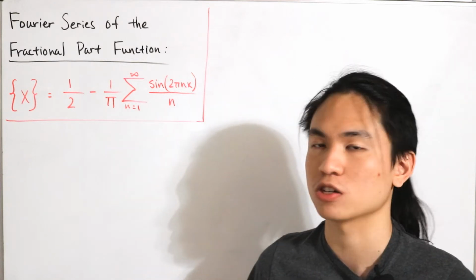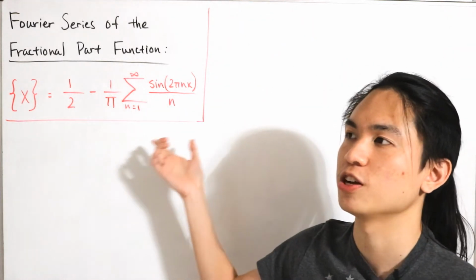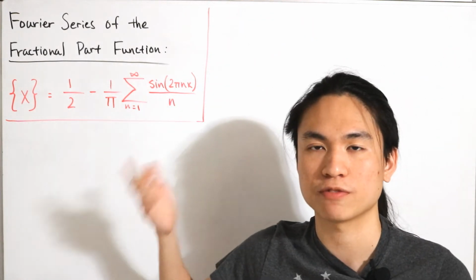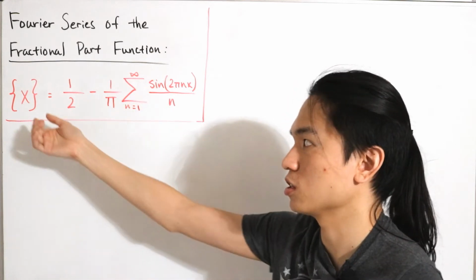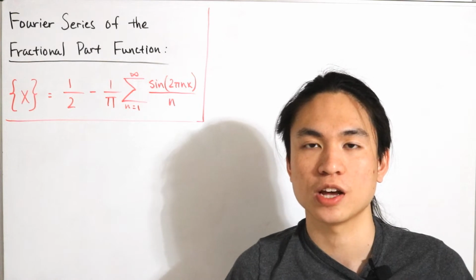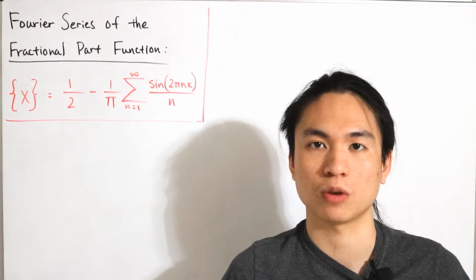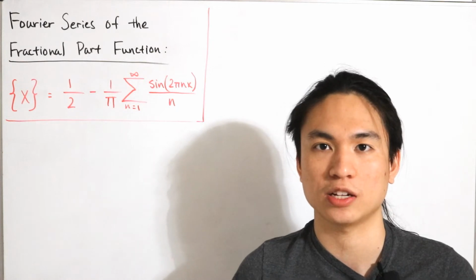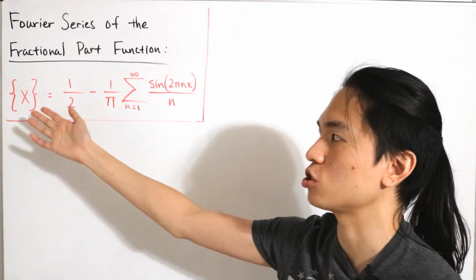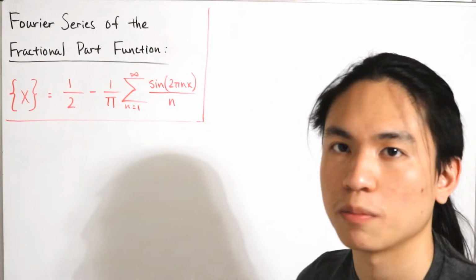We take things one step at a time using the definition of a Fourier series, and also the definition of the fractional part of a function. Then we plug those pieces together, solve each of those terms one by one, and plug them back in. Then we'll indeed show that the left-hand side is equal to the right-hand side. So other than that, let's just jump right in.